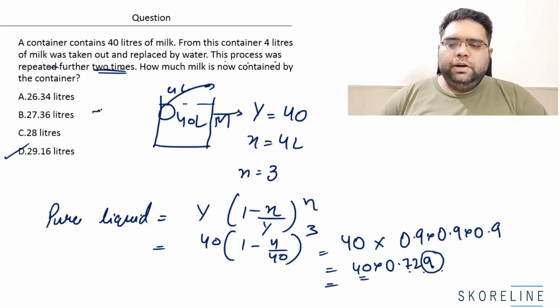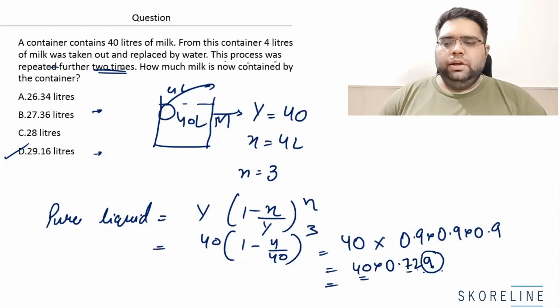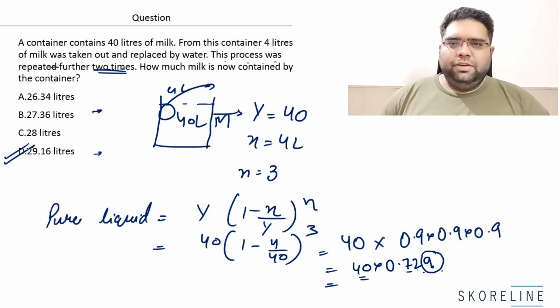So the two possible answers were B and D. Also, this is 729, so basically if we take this 0 here, 10 is multiplied to 0.729, so 4 is being multiplied to 7.29. 4 into 7 is 28, so if 4 is multiplied with 7.29, it has to be greater than 28. This is something that I use to quickly mark the answer. It has to be greater than 28, and there has to be a 6 in the end. The answer would be D, 29.16.